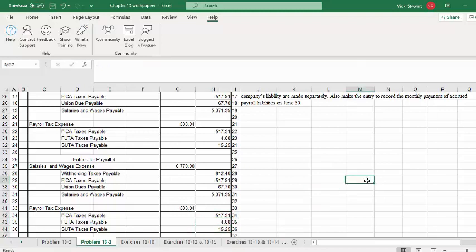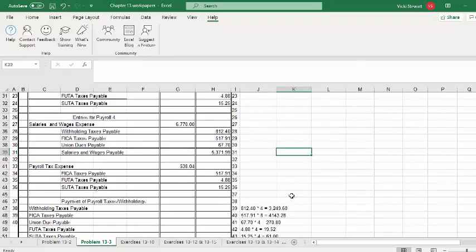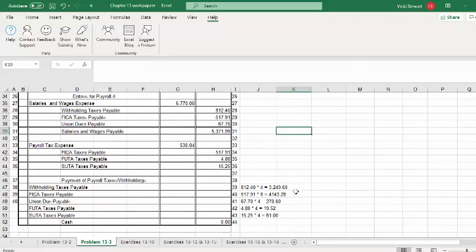Now, at the end of the month, we have been withholding all of the taxes and union dues, and we have also been recording and accruing our own employer payroll tax expense. But now we are going to have to remit all of those amounts to the proper authorities or to the government. So we need to record that entry and write a check and pay those amounts.